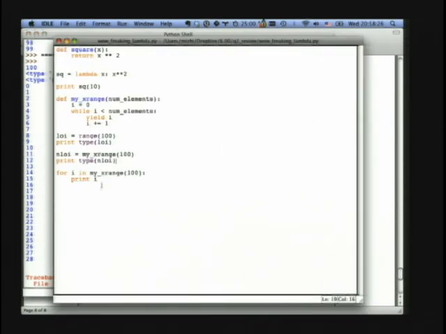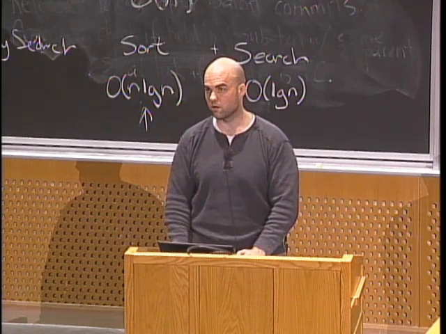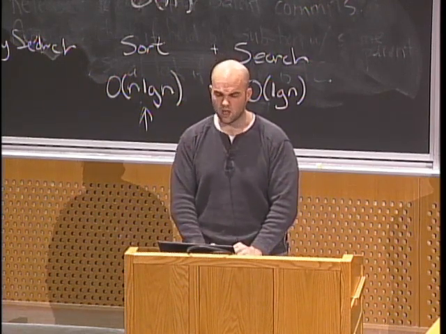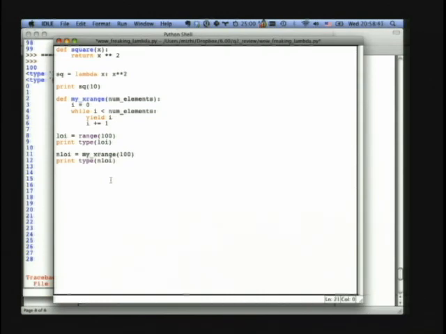So basically, it allows you to do some interesting things. Like in this case, it's not too interesting because it's just returning one integer after the other. But let's say that I wanted to do def my_squares.